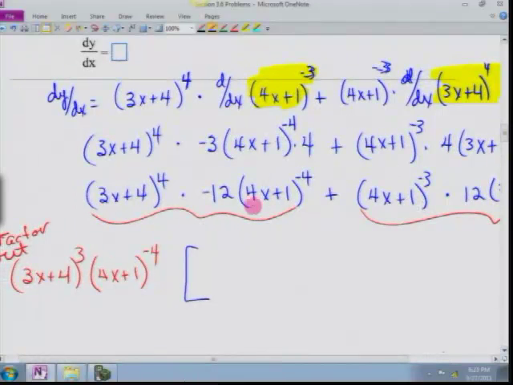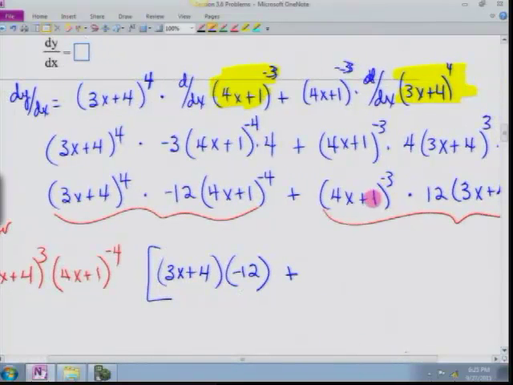Think about it this way. Out of this piece, if I take out one of these to the third, what am I left with? So 3x plus 4. And what's left here? Times negative 12. Plus, if I take this guy out of this one, what is left? 4x plus 1.